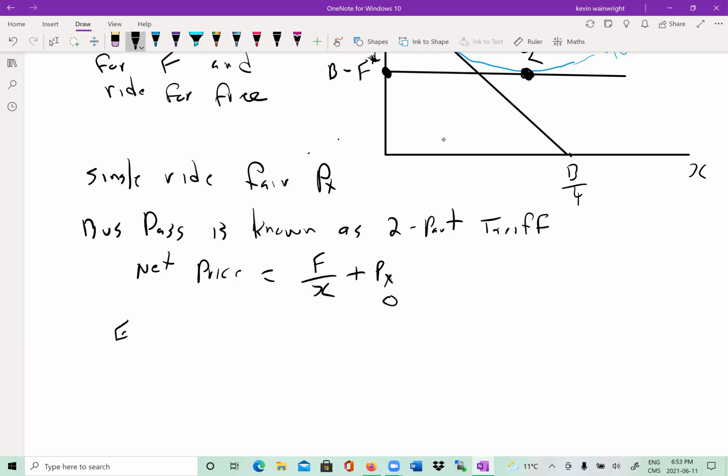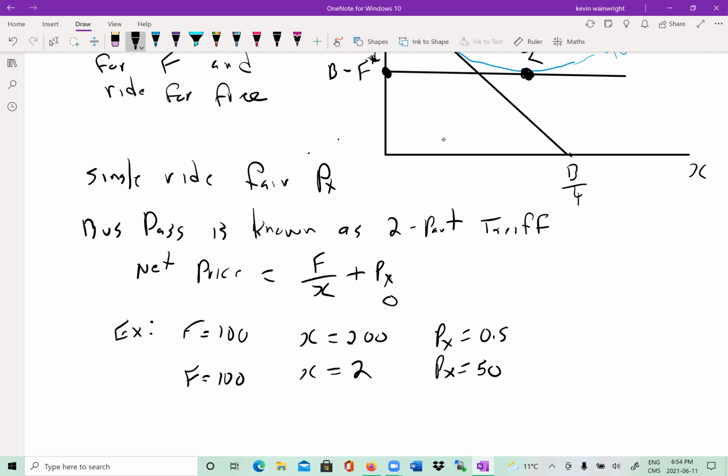So for example, if the fee is $100 and you ride the bus 200 times in a month, then you pay 50 cents a ride. If the bus fare is $100 and you ride the bus twice, then you paid $50 a bus ride.